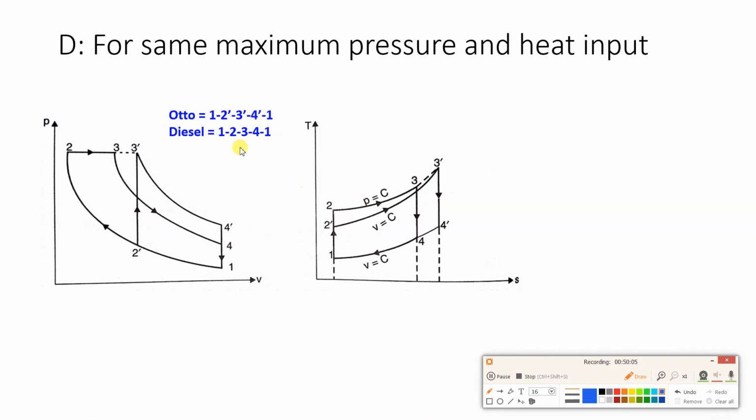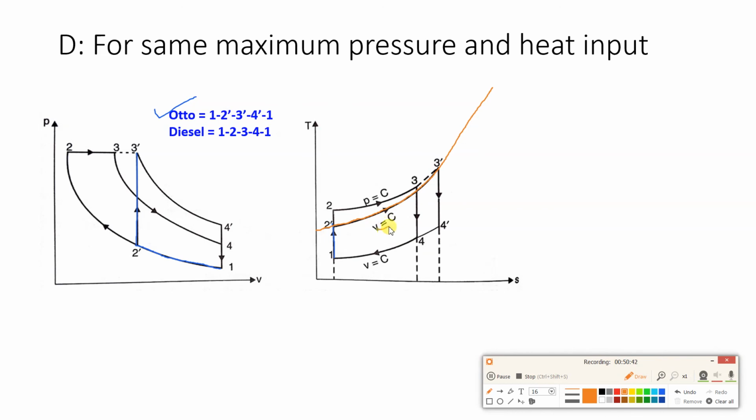First we will see Otto cycle. In case of Otto cycle, process 1 to 2 dash is isentropic compression. 2 dash to 3 dash is constant volume heat addition in case of Otto cycle. So from point 2 dash, I'll draw a volume equal to constant curve.